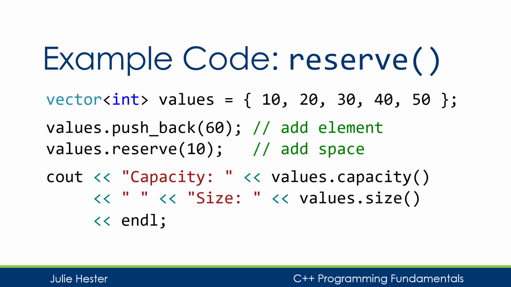After I use reserve with 10, if I were then to ask the vector for its capacity, I would see that the vector's capacity is 10, but its size is still 6. I only have 6 elements in this vector, but I have space to store 10.